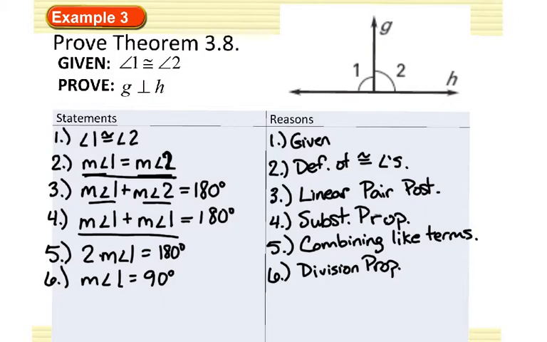And the last statement that we need to show here is that since we know angle 1 is 90 degrees, by definition of perpendicular lines, we know G is perpendicular to H. And so that's by the definition of, now let's abbreviate that, perpendicular with the little symbol, perpendicular lines.